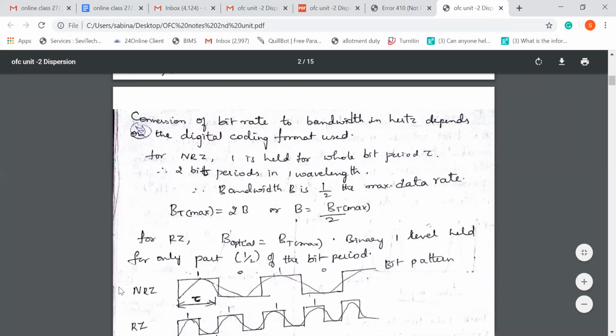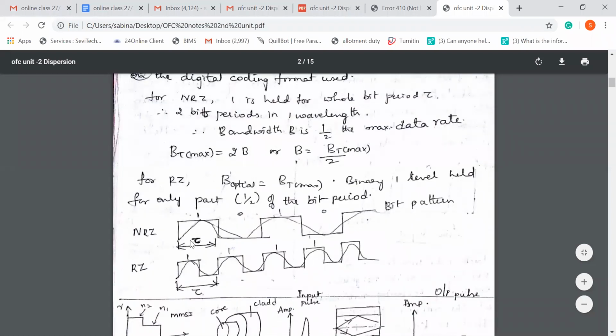That is the meaning of NRZ. If I consider only this one pulse, this is my period, and in this particular period your amplitude is constant. It is not coming down to zero.